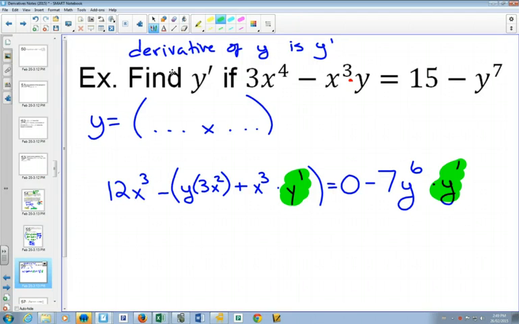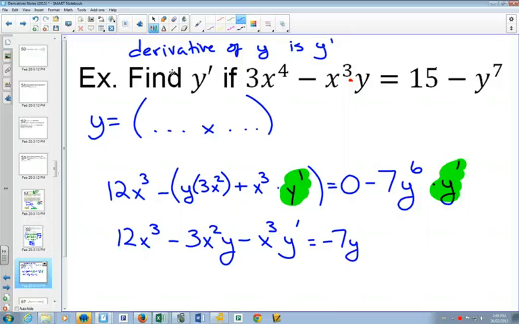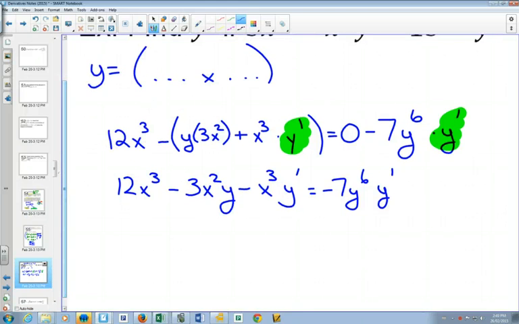So we took the derivative of everything in this equation. We got two y primes. We're going to just do some algebra. I have that negative outside the brackets here. I'm going to just distribute that. Distribute that negative. I'm going to move all my things with y prime.